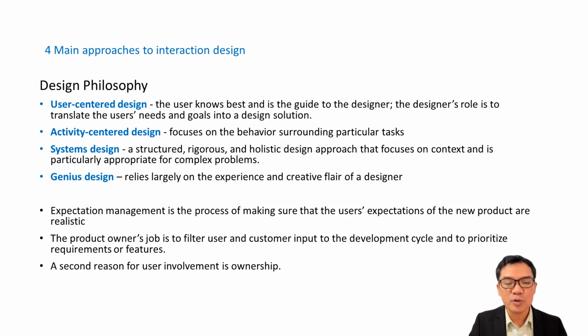Third is systems design. This is a structured, rigorous, and holistic design approach that focuses on context and is particularly appropriate for complex problems. So systems design is normally employed in developing software and complex systems.